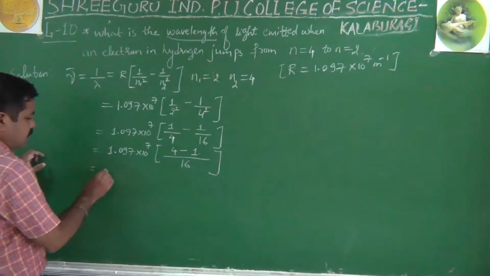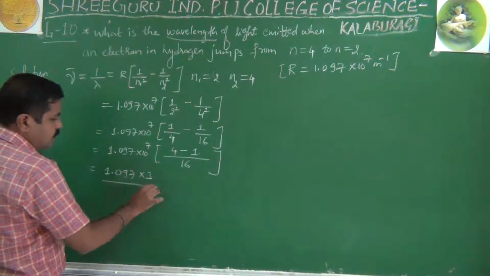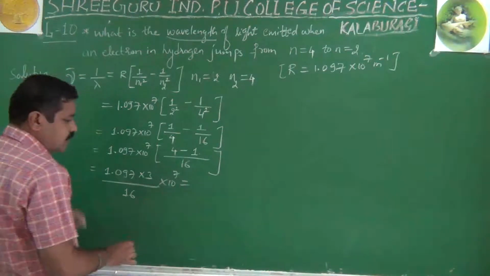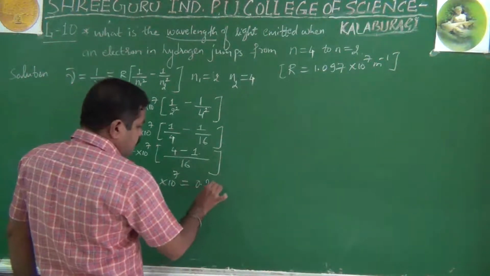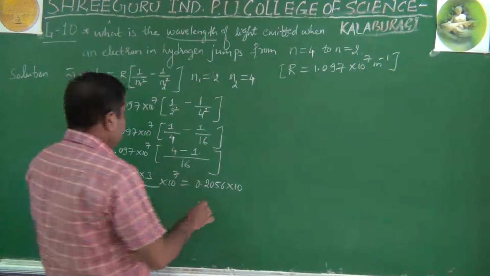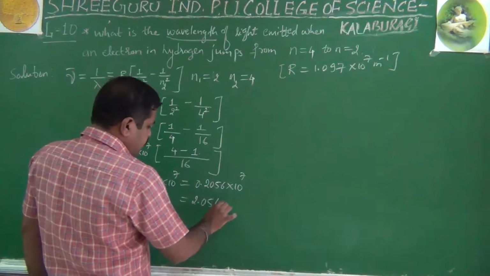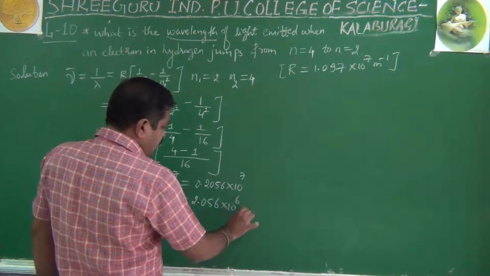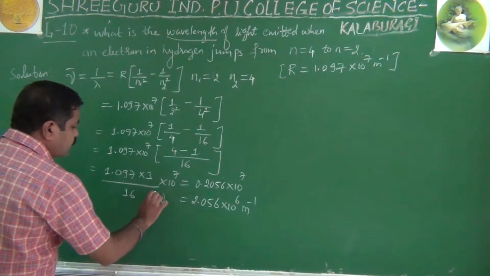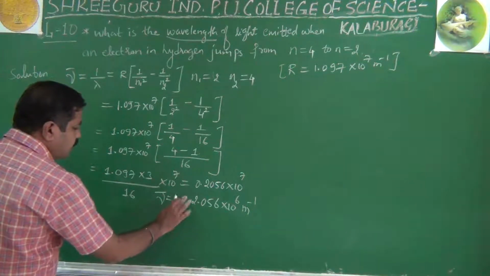Once again, 1.097 into 3 divided by 16 into 10 raised to 7. So we will get 0.2056 into 10 to the power 7, or else 2.056 into 10 to the power 6 per meter. This is nu bar, which is nothing but 1 by lambda.